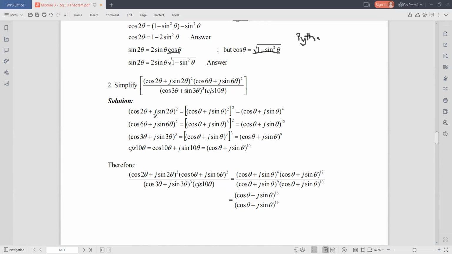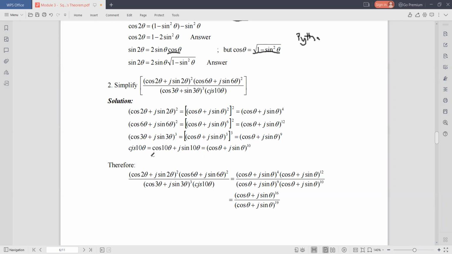So you have your cosine 2 theta plus j sine 2 theta, which is equal to (cosine theta plus j sine theta) squared, which is equal to (cosine theta plus j sine theta) raised to 4. We are multiplying the exponents, not adding: 2 times 2 is 4, 6 times 2 is 12, 3 times 3 is 9.